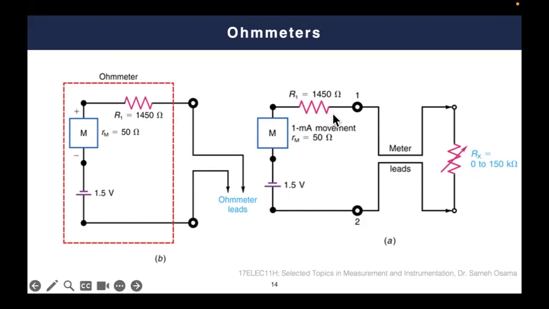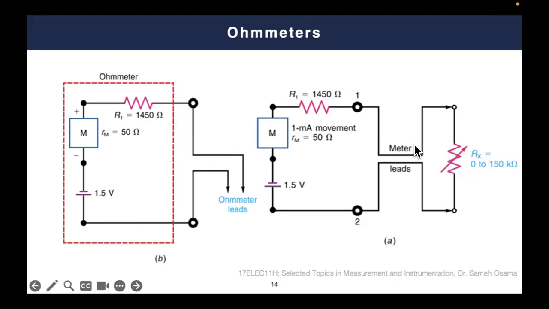And as you already know, this resistance is used in order to extend the voltage range. So you now can estimate the current from this value, and you already know the voltage. Knowing the voltage and the current, you can calculate the value of the resistance.